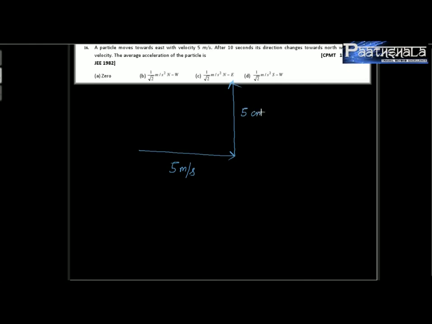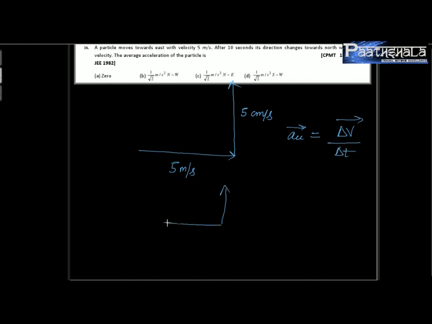Velocity is constant, 5 meters per second in magnitude. The direction turns north. The average acceleration is defined as change in velocity upon change in time. So what is the change in velocity?